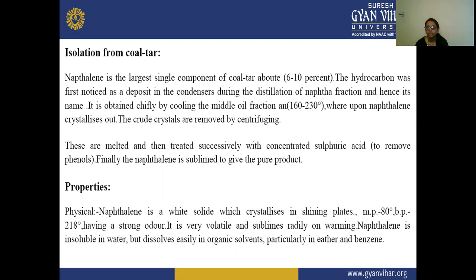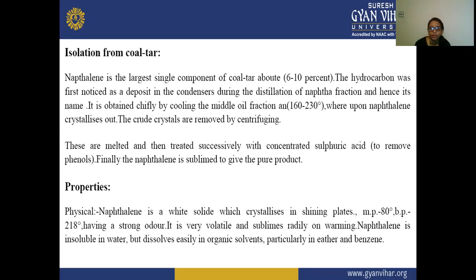So the crystals which are removed by the centrifugation are melted and then treated with concentrated sulfuric acid so that we can remove phenol from it. Finally, the naphthalene is sublimed to give the pure product.